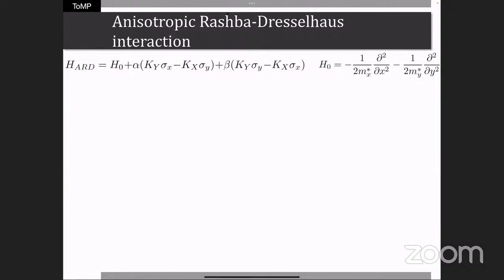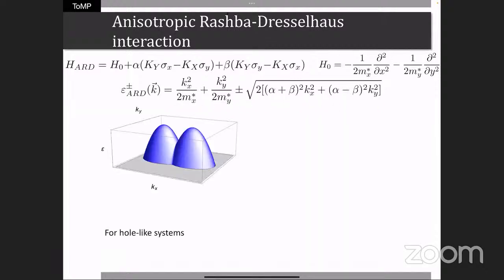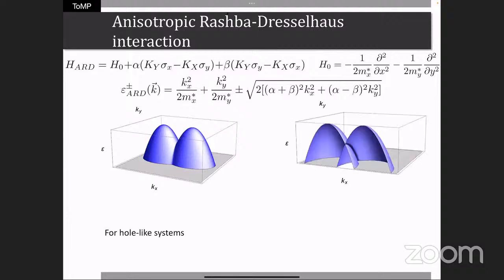But in the free electron term, we have different effective masses now, mx star and my star. If we take this and calculate, the eigenvalues turn out to be this, and plotted in the band structure, it looks like this. And now we have elliptical bands because of anisotropic effective mass, and this major axis points along kx because of this rotational transformation that we have performed.